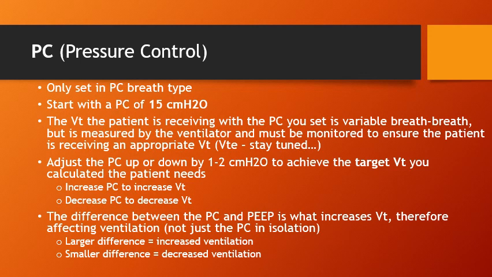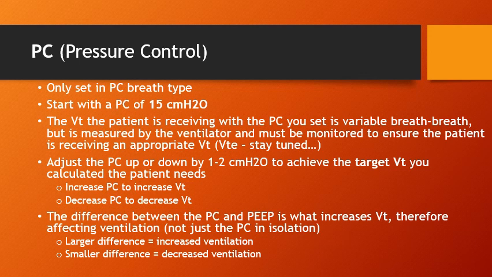But if we're in pressure control, we're not. We're going to dial in our pressure control value. That's our 15 centimeters of water. So, why do we have to still calculate a tidal volume? Well, we have to still calculate a tidal volume because we need to know with our set pressure control that we're providing, are we giving the patient enough tidal volume?